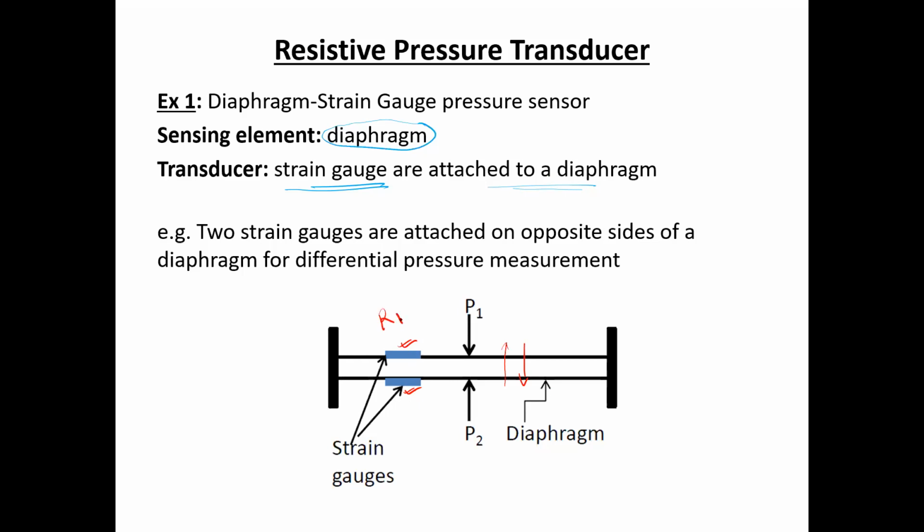So suppose one strain gauge is R1 and the other one is R2, and we have a bridge circuit where these two strain gauges are connected, along with two other resistances, R3 and R4, a supply voltage, and the galvanometer.